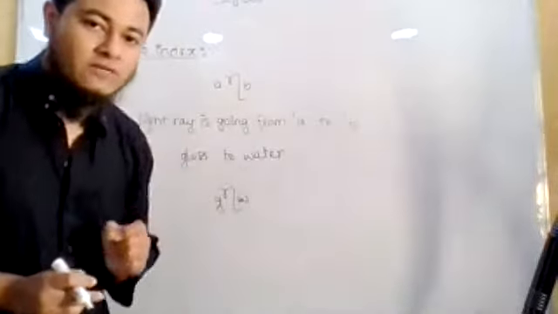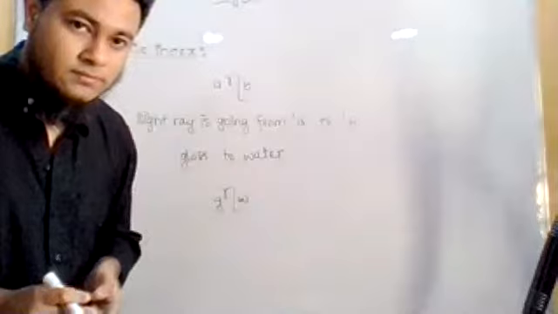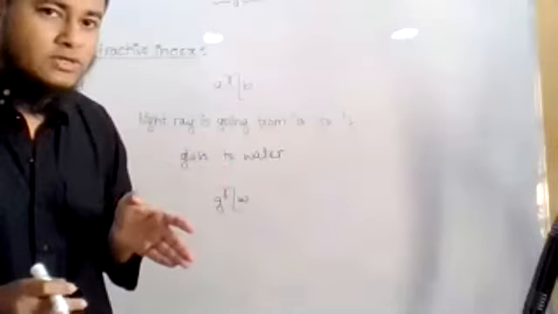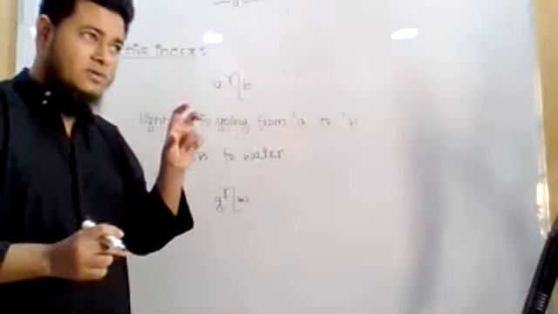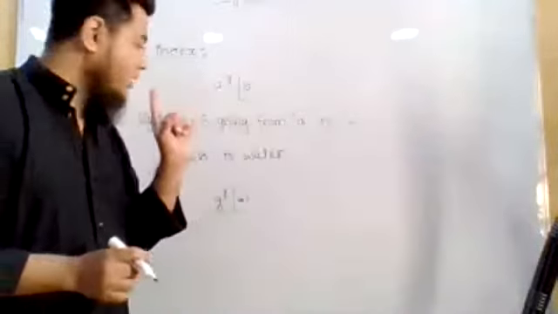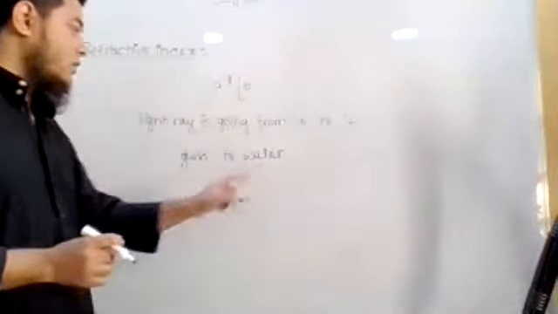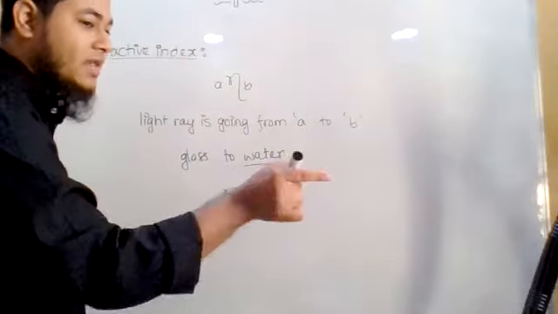Now, according to the definition, this is the refractive index of glass or water. I wrote a little while ago that it is the refractive index of the second medium with respect to the first medium. Sir, water. Water, because water is the second medium here, since the light ray is going into water.